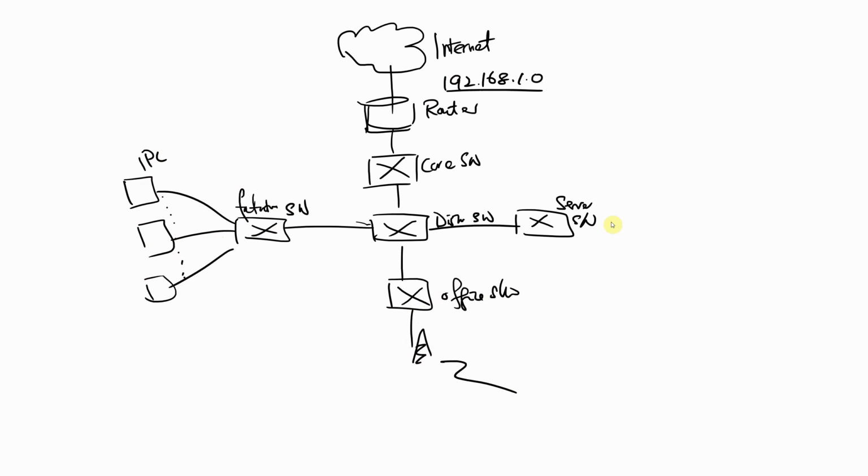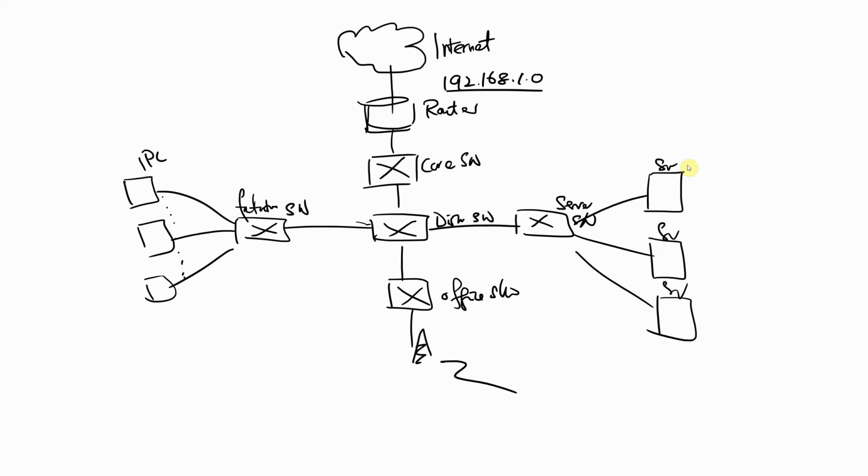Okay, and then over here you have your servers, right? Currently we have 3 servers. Server 1: DNS, DHCP, and NAT. Server 2: email.